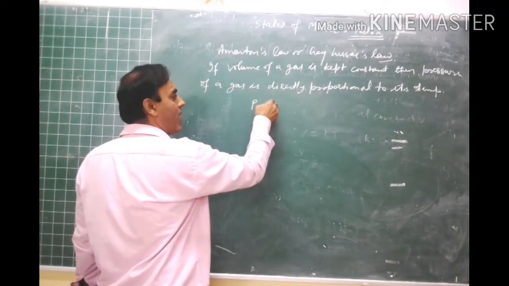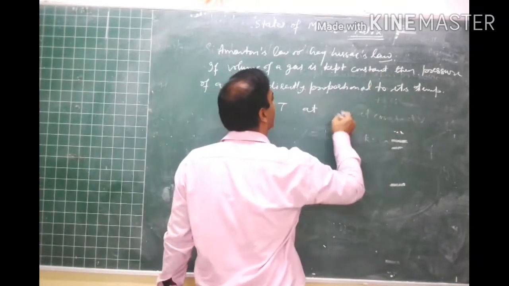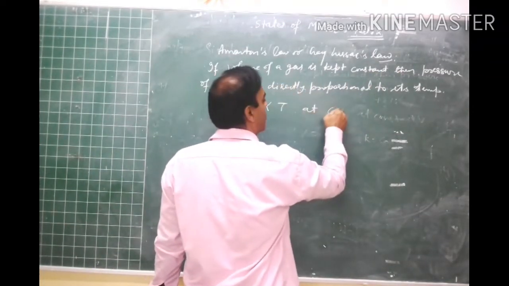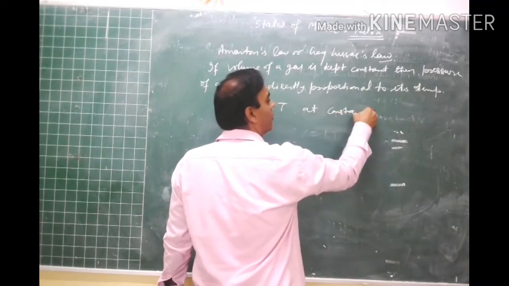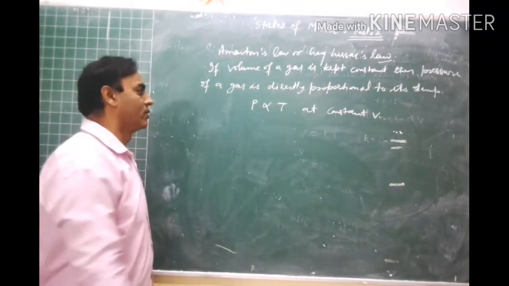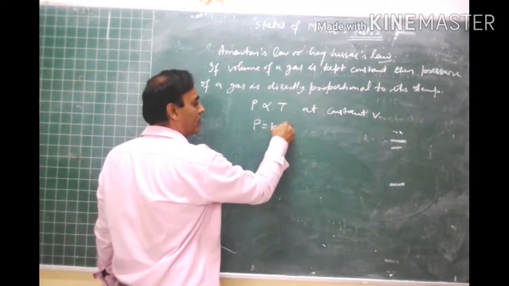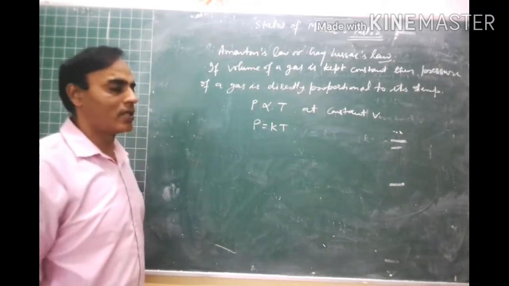P is directly proportional to T at constant volume. V means volume, P means pressure, T is temperature. If we remove the proportionality sign, we can write K, and K is known as the constant of proportionality.